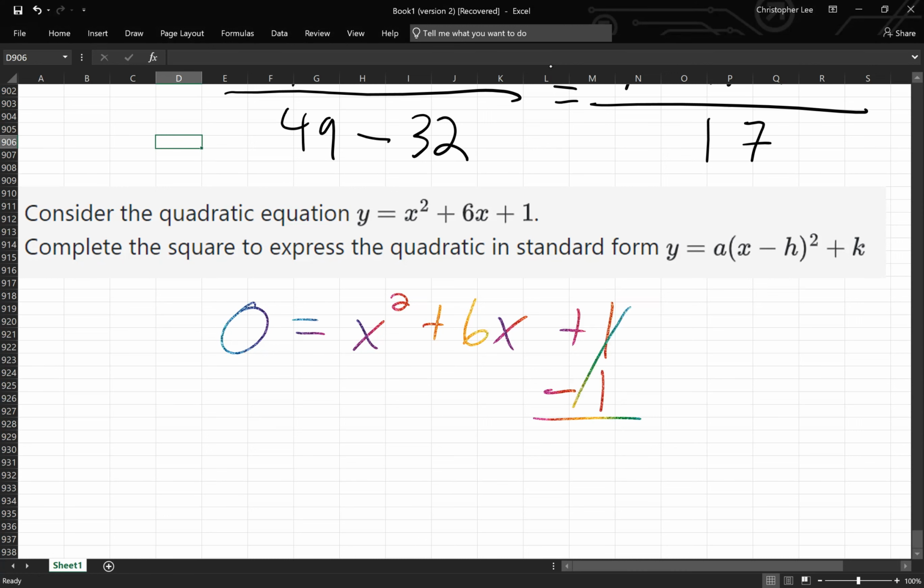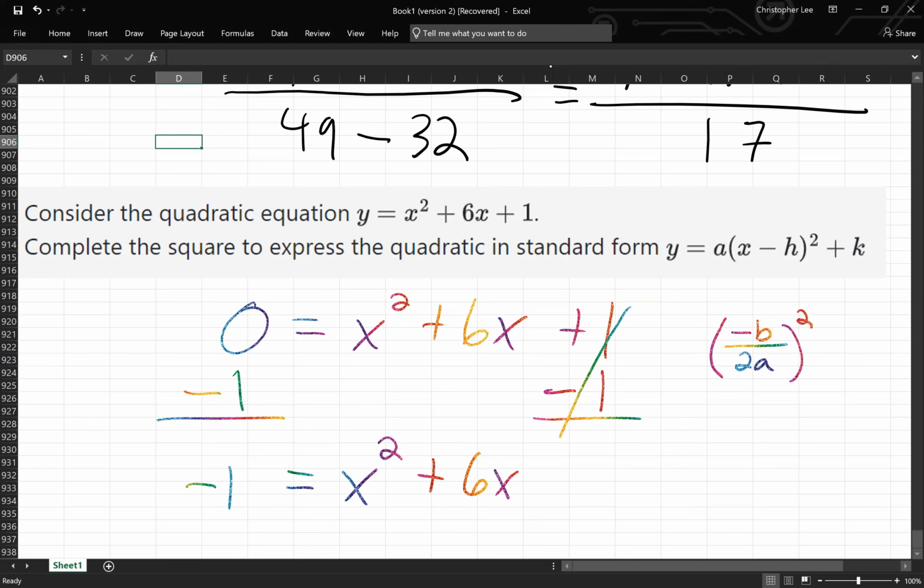All right, so we're going to subtract 1 from over here. What we do to one side, you gotta do to the other, right? So now I have negative 1 equal to x squared plus 6x. What do I do after that now? So we have our axis of symmetry, negative b over 2a, squared, right? Let's plug that in. Negative 6 over 2 times 1, and that's negative 3, squared, which is 9.